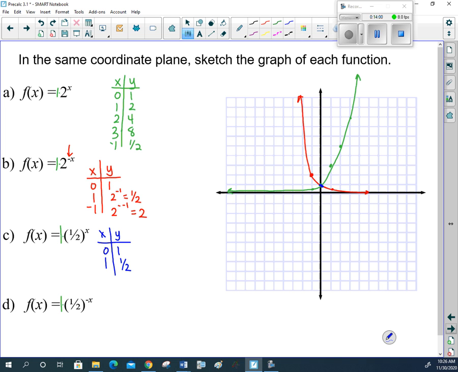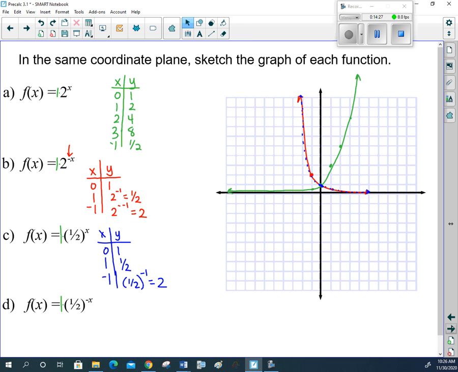Because 1/2 raised to the 1 power is 1/2. So I'll get that decay right there. I'll just draw that dotted over the red one so we can see it's the same graph. Let's just check negative 1 and see what happens. If you put in 1/2 and raise it to the negative 1 power, that's going to give you 2. So yep, that's going to be a decay, which we thought it should be.